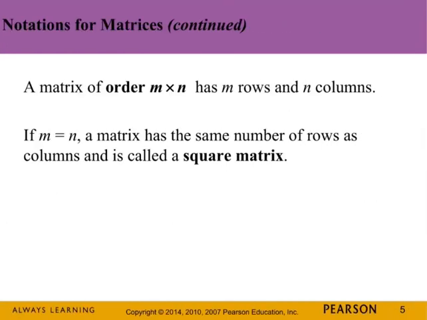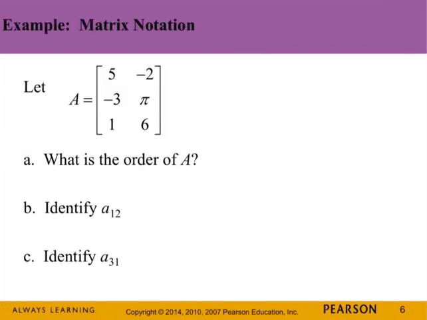So a matrix of order m by n has m rows and n columns. If m is equal to n, then the matrix has the same number of rows as columns. It's called a square matrix. Okay. So given this matrix A, what's the order? So the m by n, the rows by the columns, this is a 3 by 2 matrix.